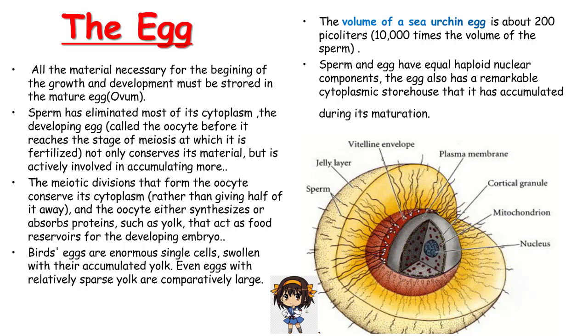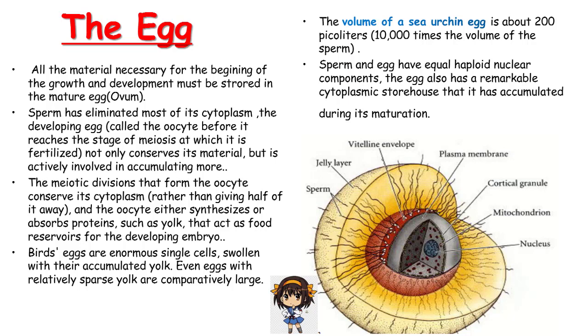All the material necessary for the beginning of growth and development must be stored in the mature egg, that is the ovum. The oocyte has eliminated most of its cytoplasm, the developing yolk, before it reaches the stage of meiosis at which it is fertilized. It not only conserved its material but is also actively involved in accumulating more.